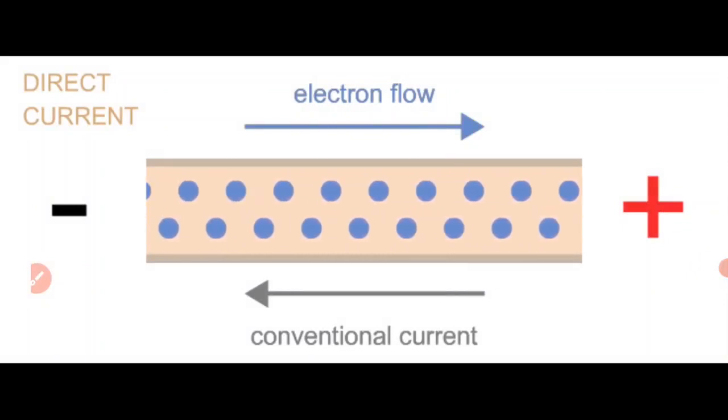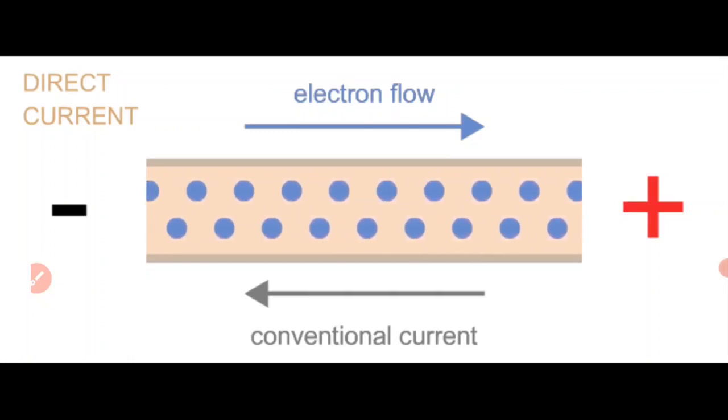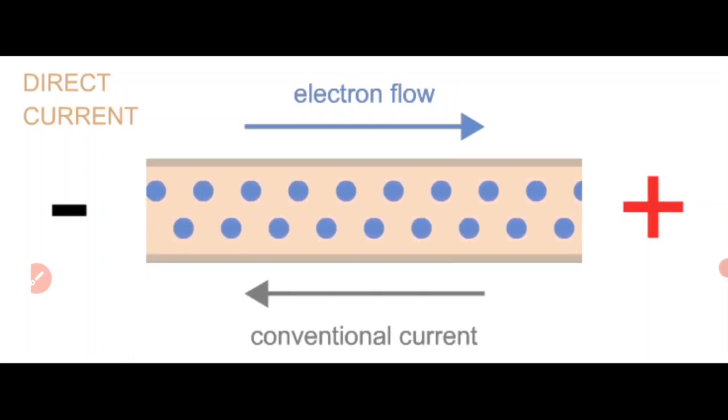So the direction of current is opposite to that of the flow of electrons. If the electrons flow from left to right, then the conventional current flows from right to left. Important one mark question: the flow of electrons is opposite to that of conventional current.